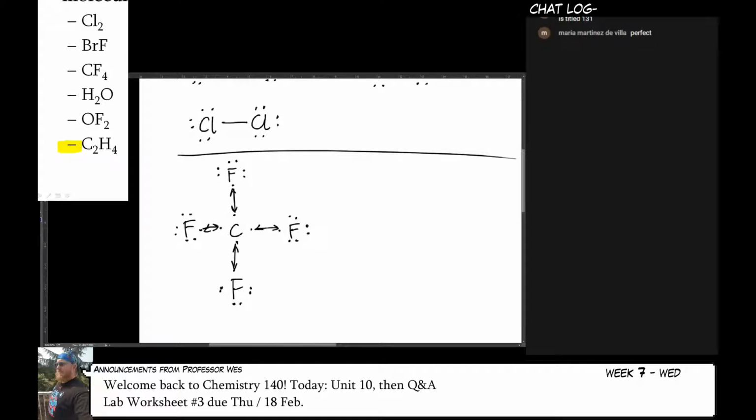And we'll just make these sharing pairs. And then, yes, you've got to fill in the dots after. There you go. That's CF4.